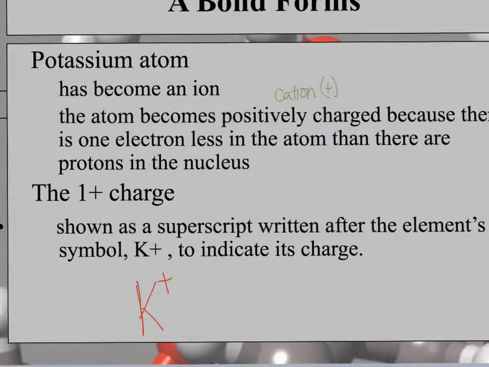All right. And some of the elements in group 2 have 2 electrons in their outer shell. If they lose 2 electrons, like magnesium, for example, magnesium is in group 2, it's got 2 in its outer shell. If it loses 2, then it would have 2 more protons than electrons, so it would have 2 more positive charges than negative charges.